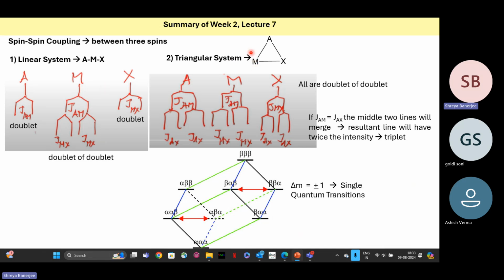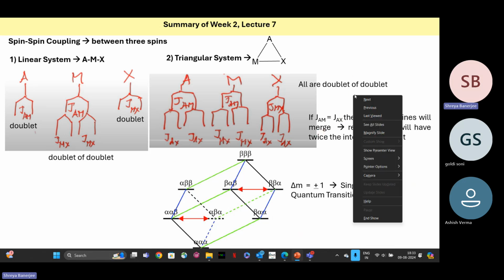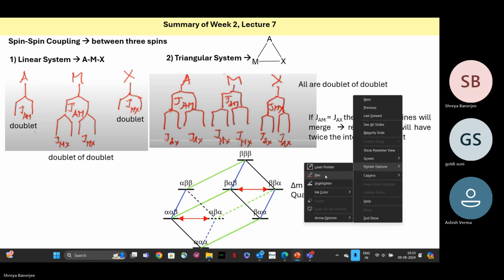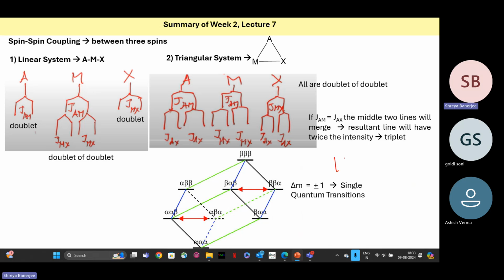So in this case, each of the protons will form a doublet of doublet, and so you will have three doublet of doublets. Doublet of doublet we are writing like this. But suppose these middle two lines are merging, then it will appear as a triplet.